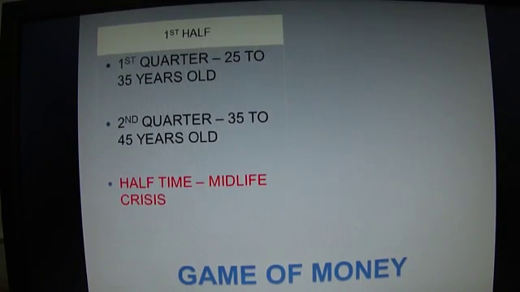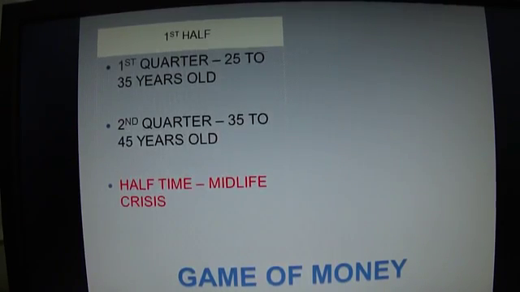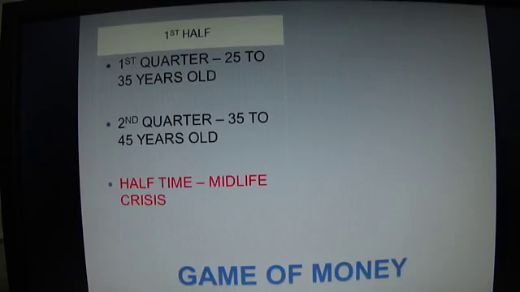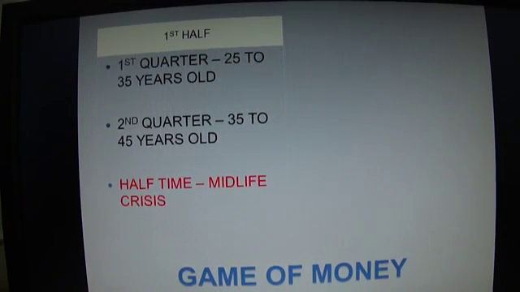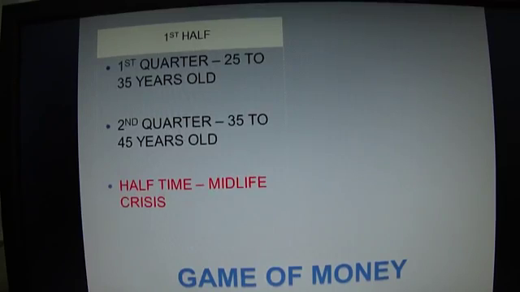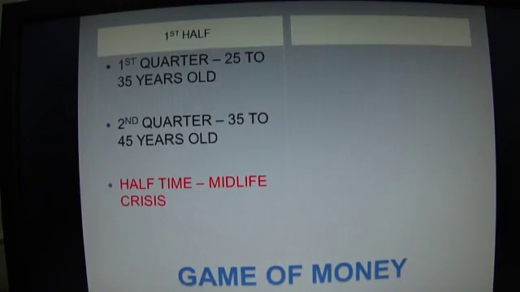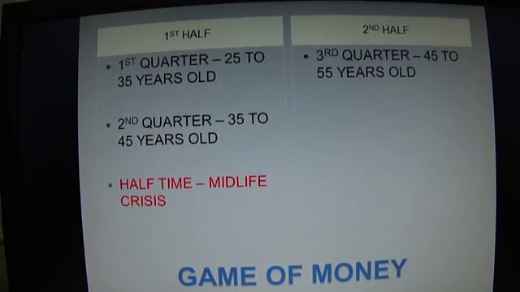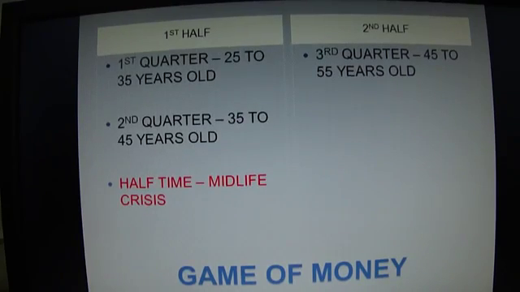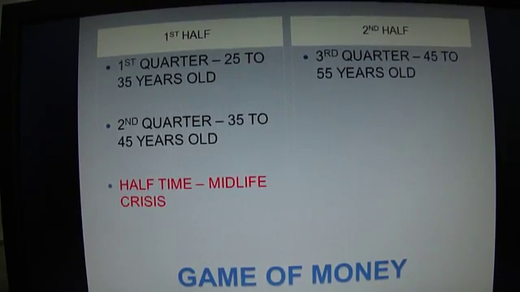On the second quarter, from age 35 to 45 years old, you reach halftime, midlife crisis. You've reached this stage, but you still don't have constant cash flow and assets. The third quarter is age 45 to 55 years old. You reach this age but you still don't have constant cash flow and assets.